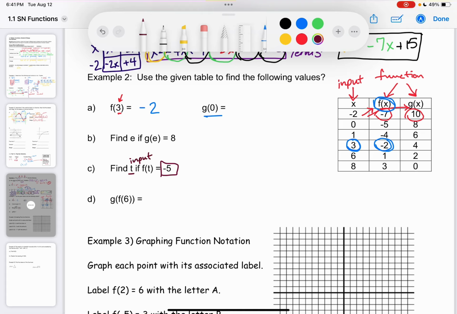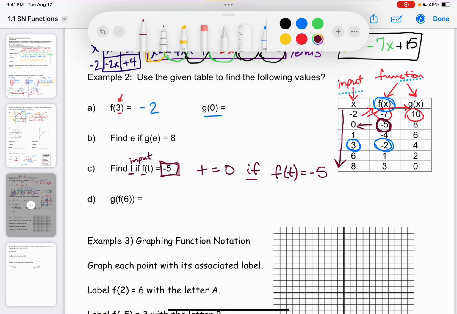I'm trying to find which one in this column for function f gives me -5. So I'm going to go look in the f column and see how I've got -5 right here as an output. What input gave me that output? And the answer is 0. So t equals 0 if f of t equals -5.